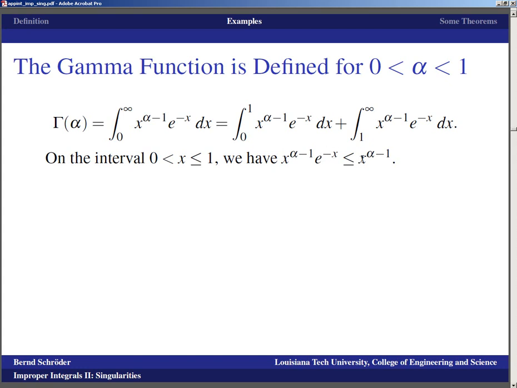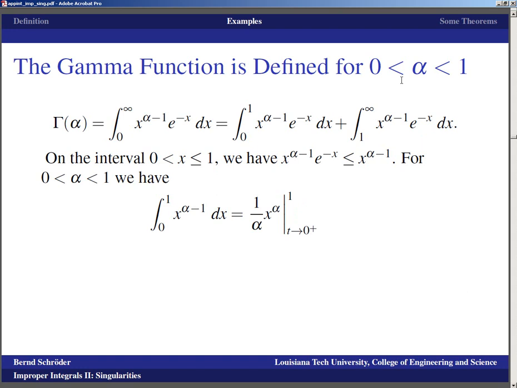So e to the negative x is smaller than 1, so that this thing is smaller than x to the alpha minus 1. Well, for alpha between 0 and 1, we have that the integral from 0 to 1 of x to the alpha minus 1 dx is 1 over (alpha minus 1 plus 1), so 1 over alpha, times x to the alpha minus 1 plus 1, x to the alpha, in the bounds t approaching 0 from above, and 1.